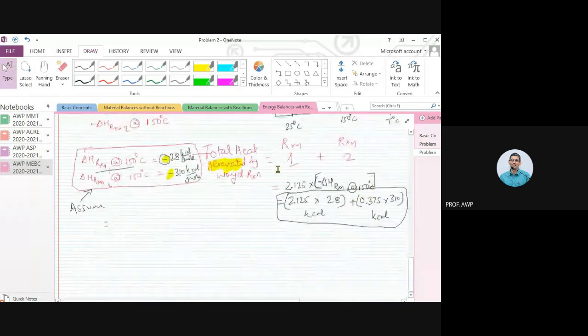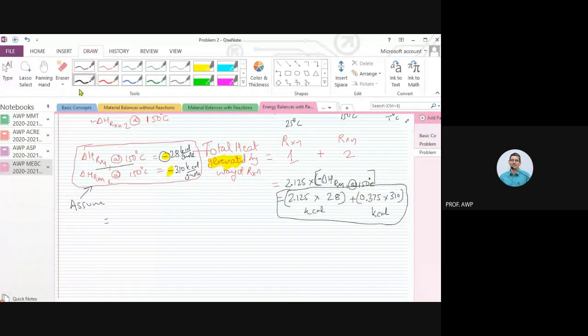Now enthalpy leaving in stream 2, right? This is at T degrees centigrade. So from 25, that's my reference, to T degrees centigrade, it is number of moles of ethylene into Cp of ethylene.